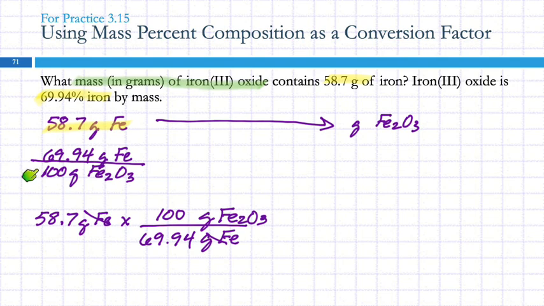If you're interested, because this is a percentage, that 100 is exact. So 58.7 times 100 divided by 69.94, and starting with 3 sig figs, my answer should have 3 sig figs. 83.9 grams of the compound.